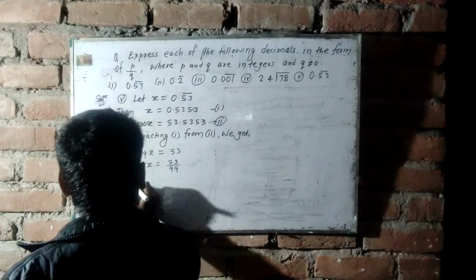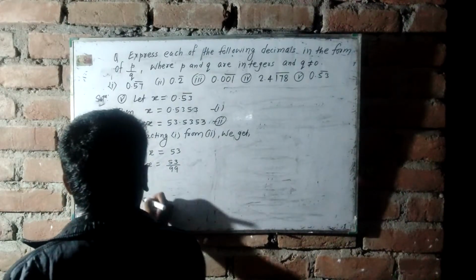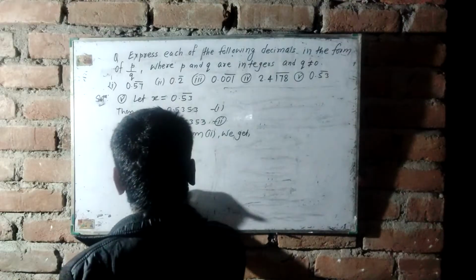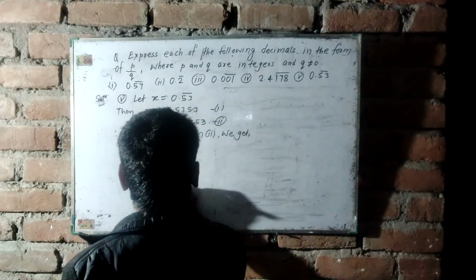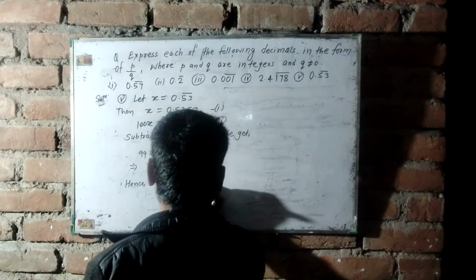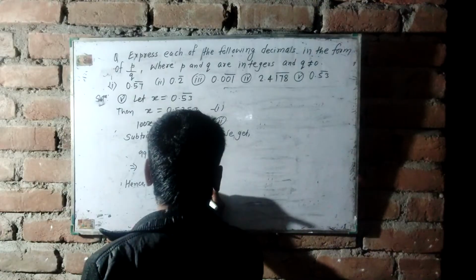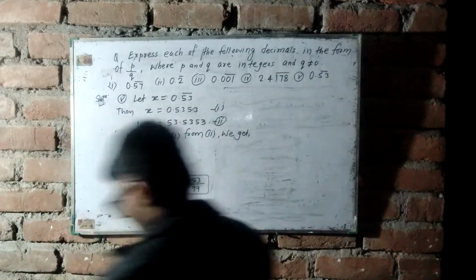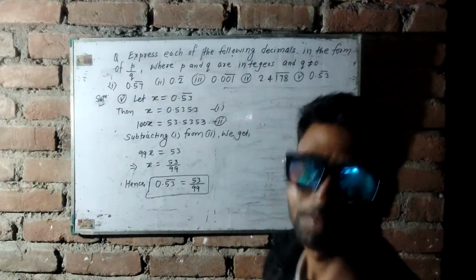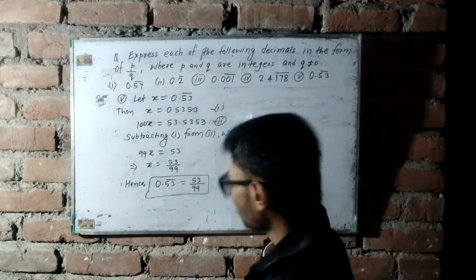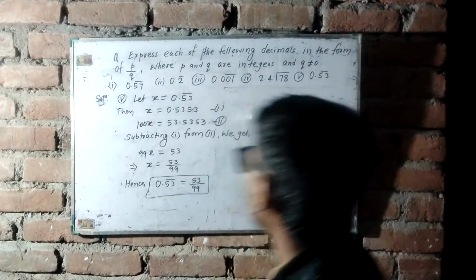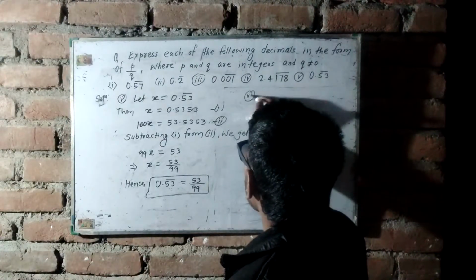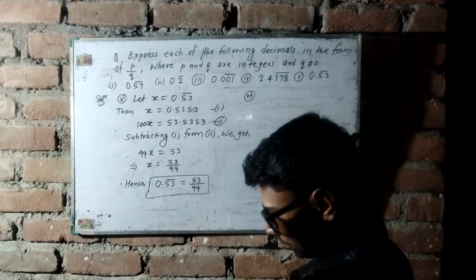Hence, we can write 0.53 repeating is equal to 53 upon 99. This will be the required answer. Now let's go ahead to the next questions. Question number 6.